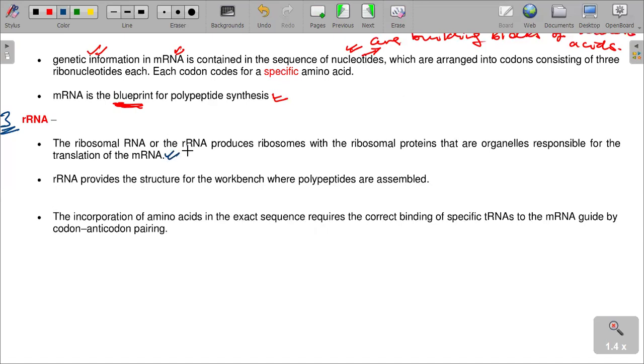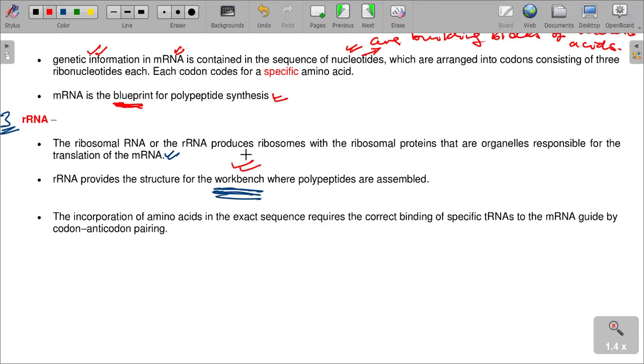It provides a structure for the workbench where polypeptides are assembled. What I've been trying to illustrate above is that it provides a workbench, a work site, an industrial site where polypeptides are assembled.